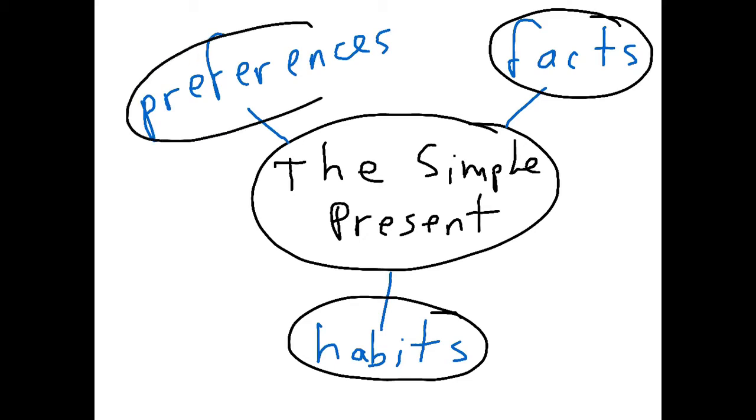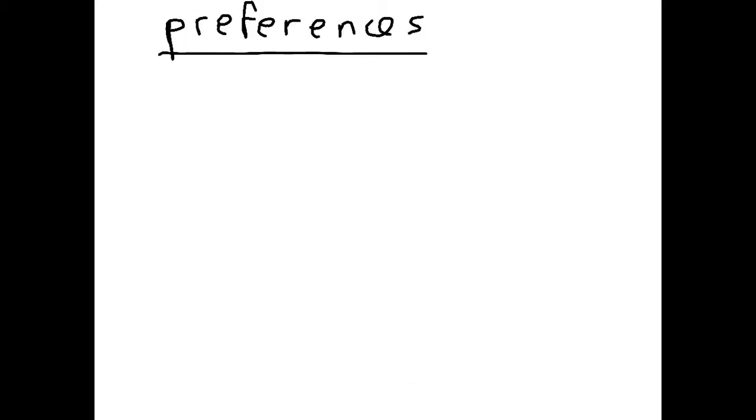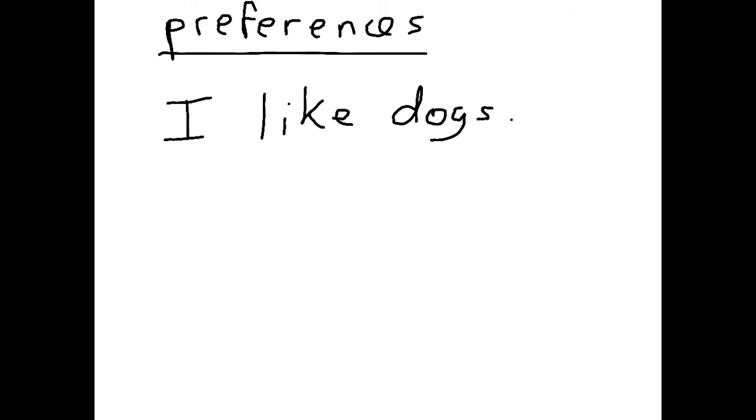Finally, preferences. Preferences, as the title suggests, are things that you like or don't like, or things that you hate or love. So here, I like dogs. The subject, I, verb, complement.